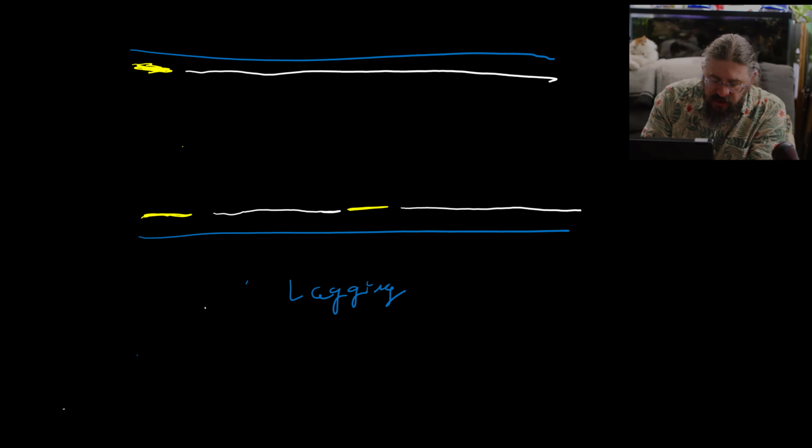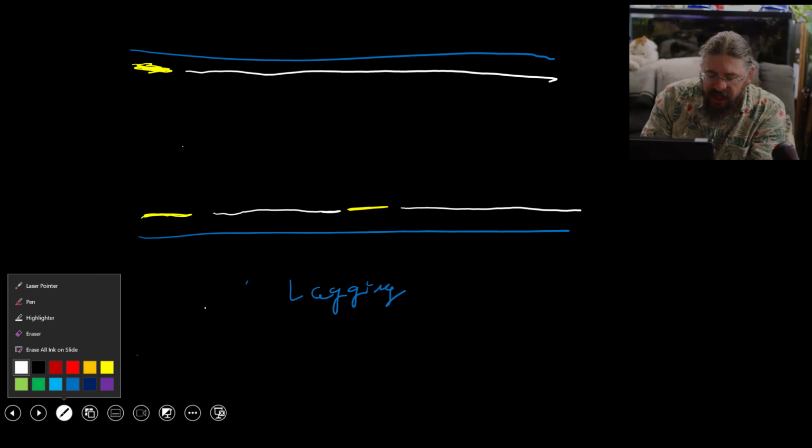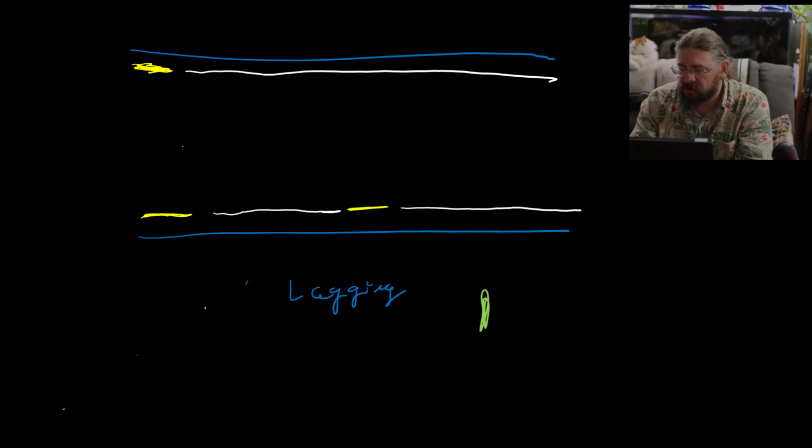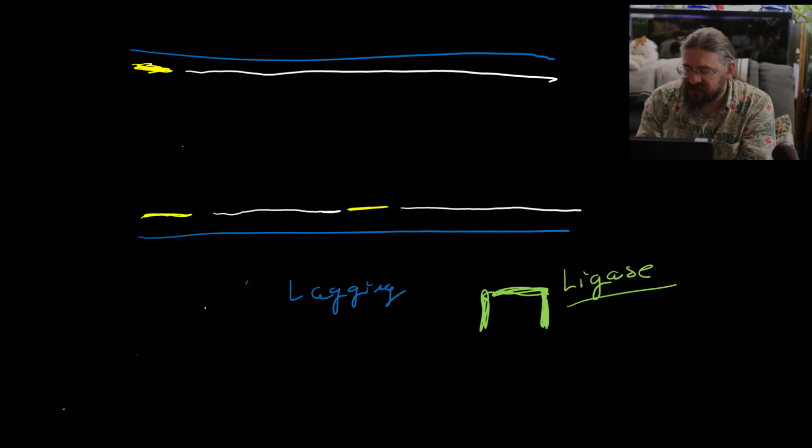And I like to conceptually just draw ligase in a way that explains its restriction. So here is ligase, right? And it can only seal gaps when there's DNA on both sides of a gap.